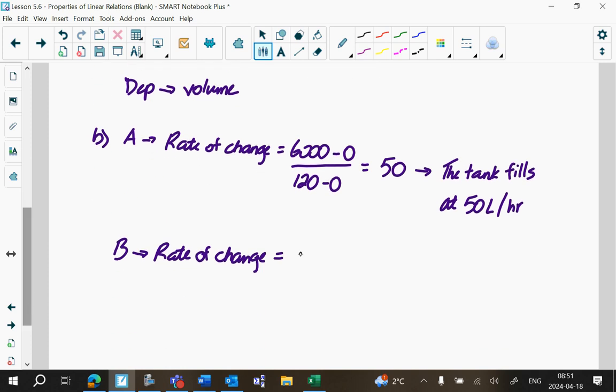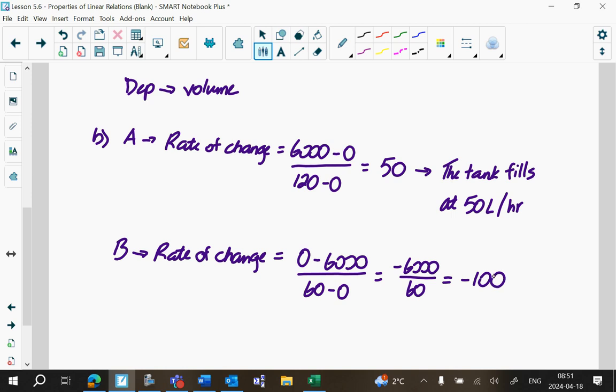And that gives us negative 6,000 divided by 60, which is negative 100. Which makes sense because when a line climbs, the slope is positive, but when it drops, it's negative.